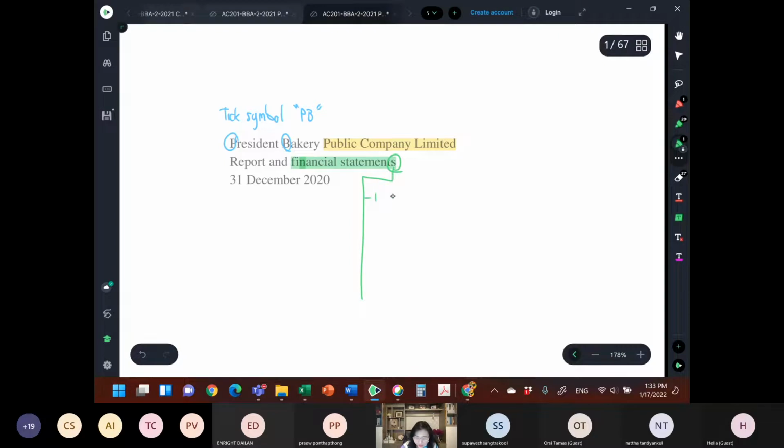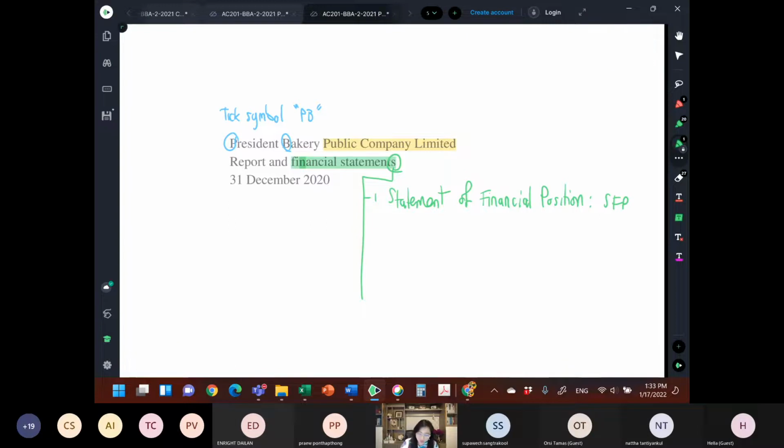The first one is called the statement of financial position, or usually I would call this SFP. This is the first one that you will see, right?